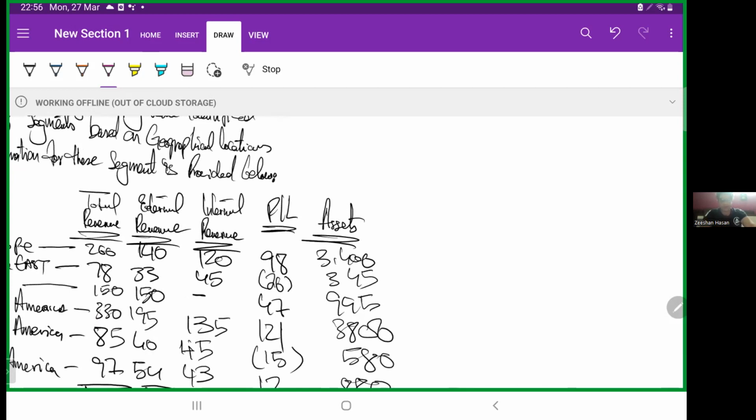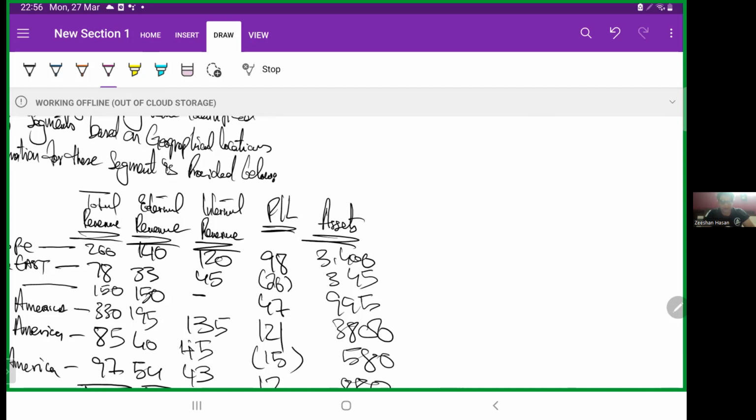Middle East, total revenue 78, external revenues 33, internal revenues 45, loss is negative 26, and assets are 345. For Asia, total revenue is 150, external revenue is 150, internal revenues nil, profit is 47, and assets are 995.